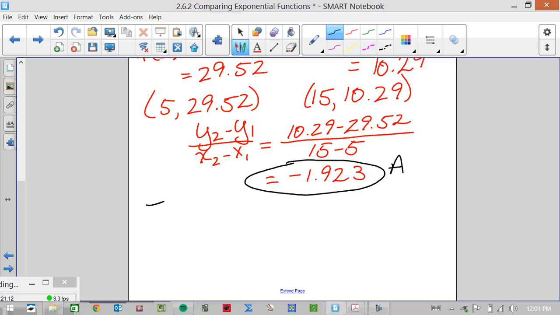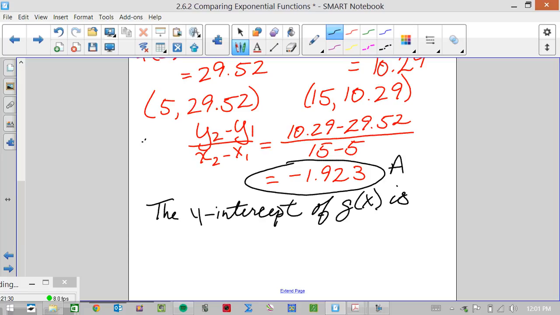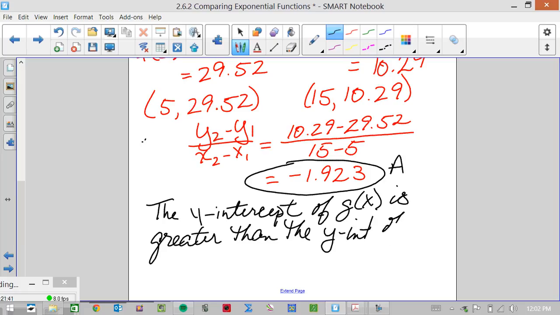First of all, we would say that the y-intercept of g of x is greater than the y-intercept of f of x. We saw that earlier.